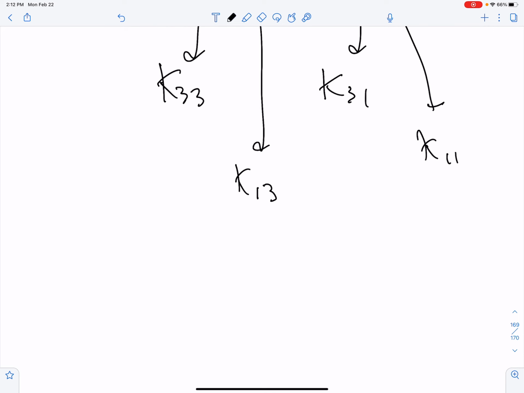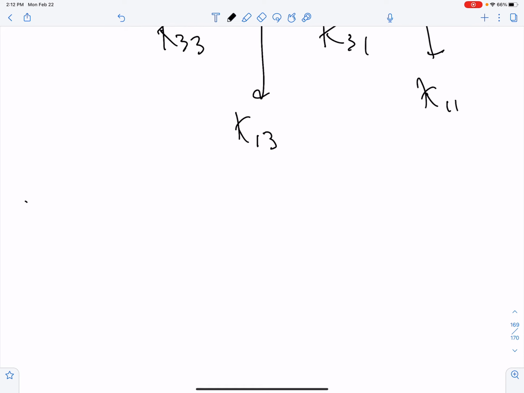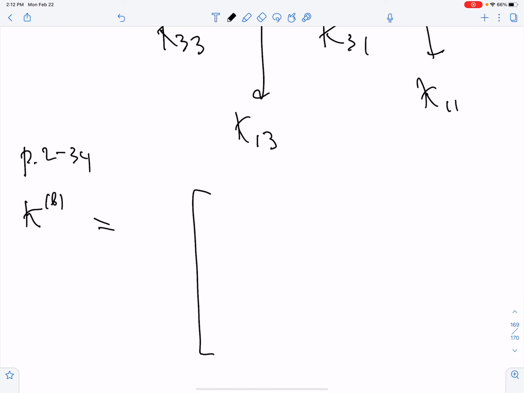Element B, K sub B, and here I'll direct you to page 234. So here's our 4x4 matrix. This element had some geometry to it. It was rotated with respect to the XY axes.